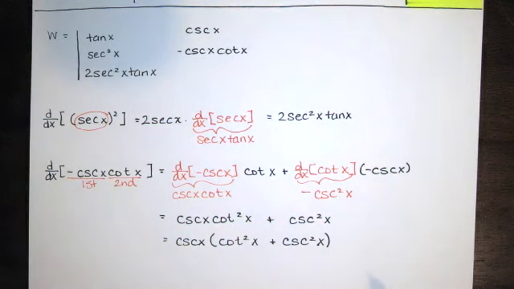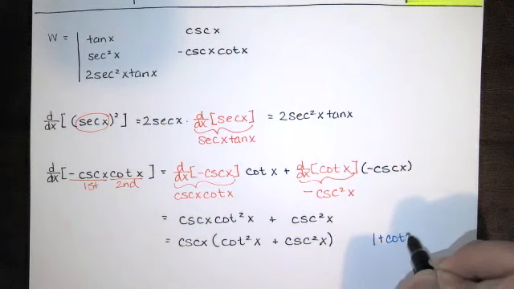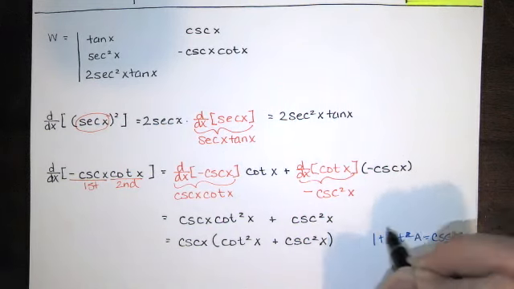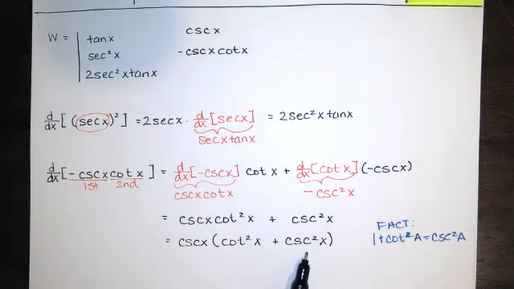And you might think that you could simplify that in some way. Perhaps cosecant squared x and cotangent squared x satisfy this relationship. 1 plus cotangent squared equals cosecant squared. That's one of our Pythagorean identities. So we could write this entirely in terms of cotangent by replacing this cosecant squared with 1 plus cotangent squared.